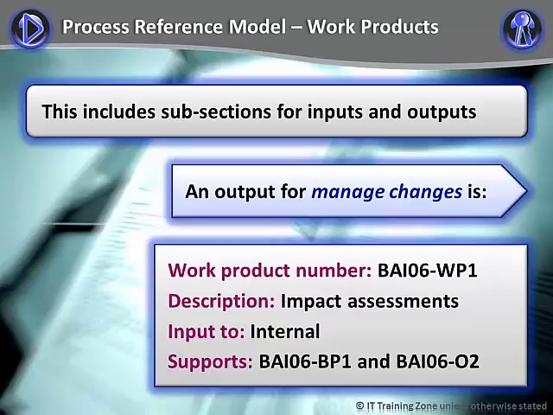Description: Impact assessments. Input to Internal. This work product is used by the Manage Changes process itself. Many process outputs are then input to other processes. In that case, this section would identify the target process and management practice. Supports: BAI 06 BP1 and BAI 06-02. This attribute identifies the base practice and outcome supported by the work product.